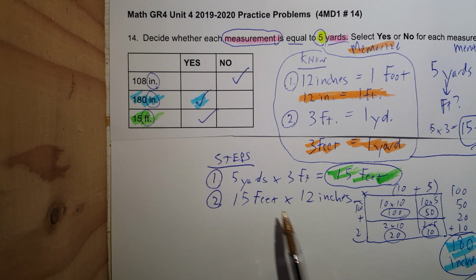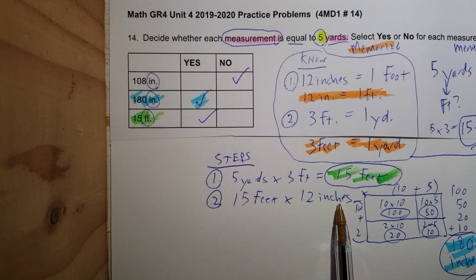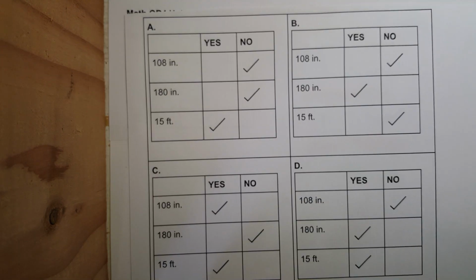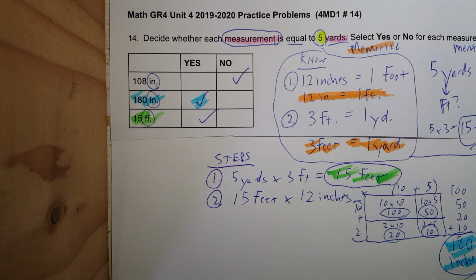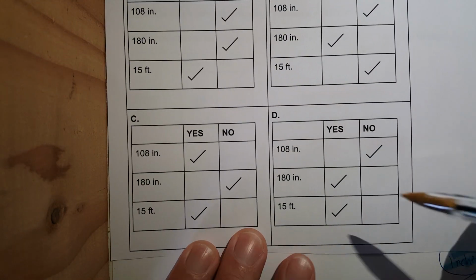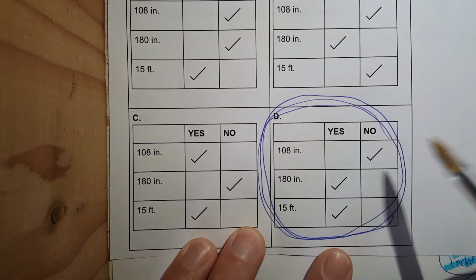Okay, so just to go from yards to inches, you need to do a step in between, yards to feet first, and then from feet to inches. So here's our answer. Now the rest of the problem, you would actually see this, but as stated in previous recordings, if you show all your work and solve this table, when you look at the answers, you will see right away that it's answer D. Okay?